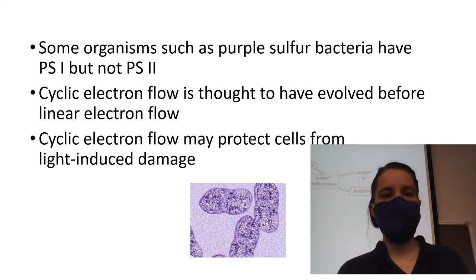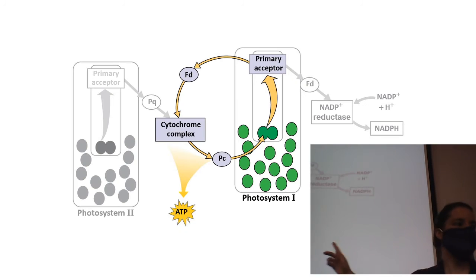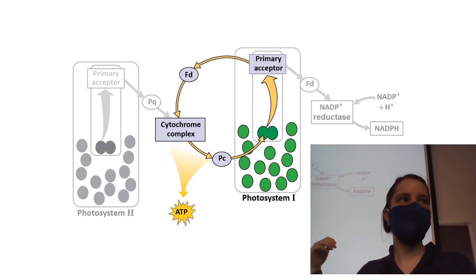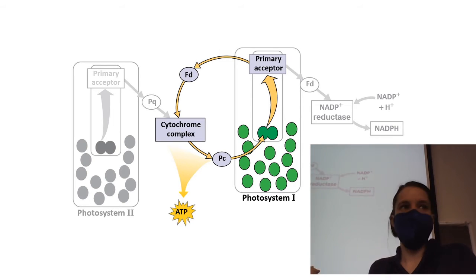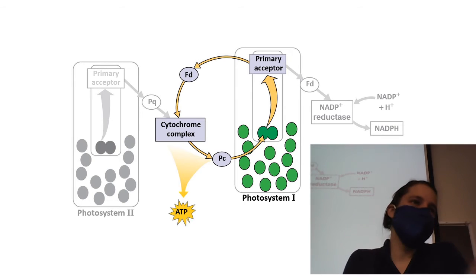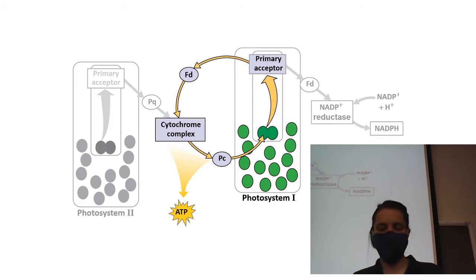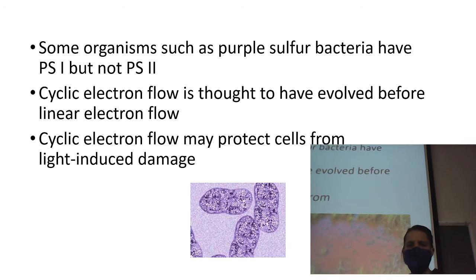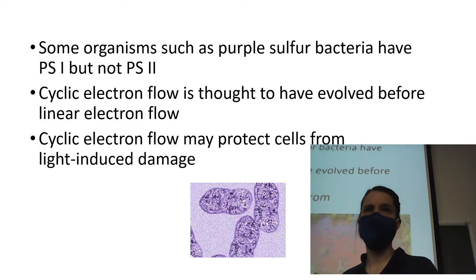This kind, if an organism is only doing cyclic electron flow, they're only going to have photosystem 1, which again then feeds in a little bit to the... Some bacteria do this, where they run it cyclically.